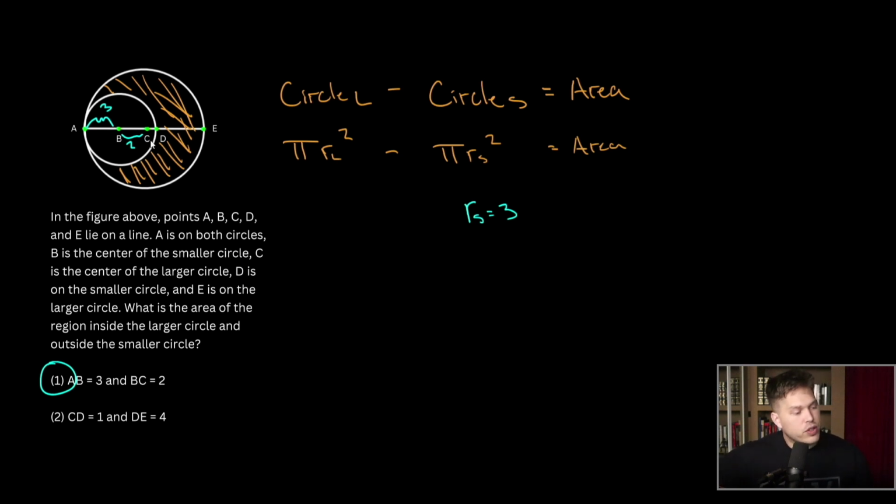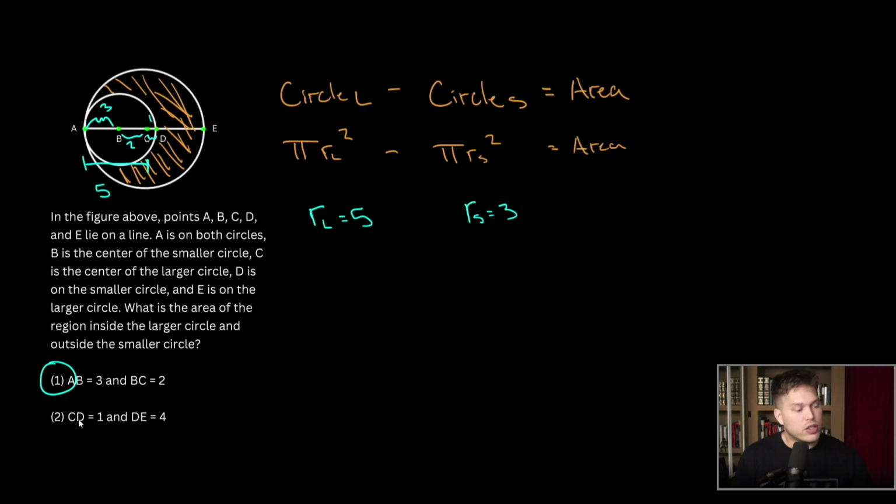Well, if BC is 2, then CD is 1, and if CD is 1, then the length AC is the radius of our larger circle, and that is a distance of 5. So yes, we're able to determine both radii, so statement 1 is sufficient.